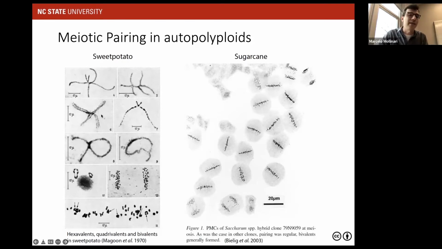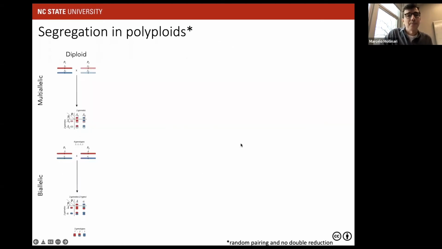Here we have a tetravalent, and so on. And here we have several bivalents. And here is just a meiosis of a sugarcane. We can have several bivalents in a sugarcane, but this is, as you can see, quite crowded and quite complex. And I think this is the most important thing to understand about polyploids.